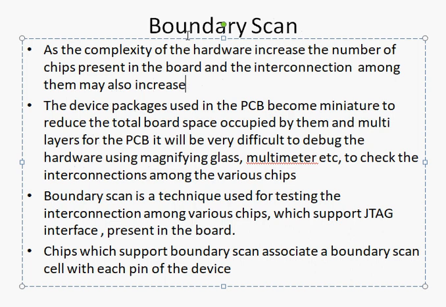In that case, boundary scan helps you a lot, because when the size of the IC is very small, miniature in size, it becomes very difficult to figure out if a connection has gone wrong or not with the help of hardware debugging tools like the above mentioned magnifying glass.